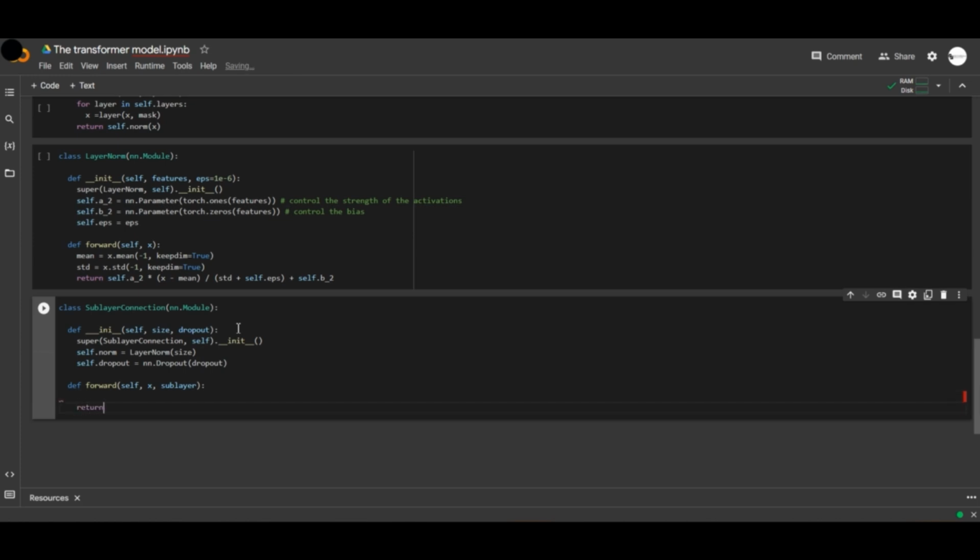That's another key thing, because when we take the input, we have to add it to the output. Hence the dimension should be maintained, which is 512 if I'm not mistaken. So we're going to say dropout, then we have sublayer, then we say self.norm, then we take x.